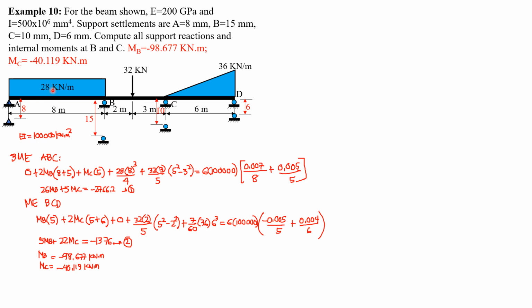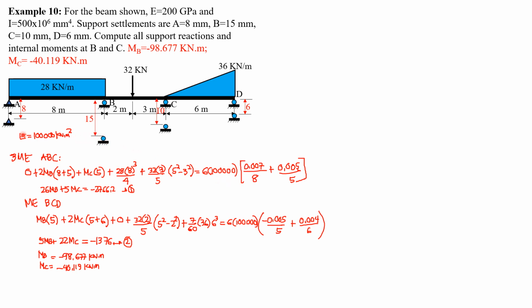So we can use the formula WL cube over 4, so 28 times 8 cube over 4. Then 6 area 2B over E2 I2 L2 is 32 times B3 all over length 5, quantity L square 5 square minus B square 3 square, equals 6 times EI, 100,000 quantity.